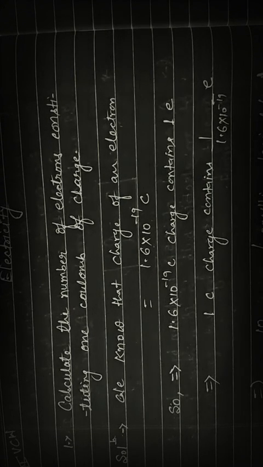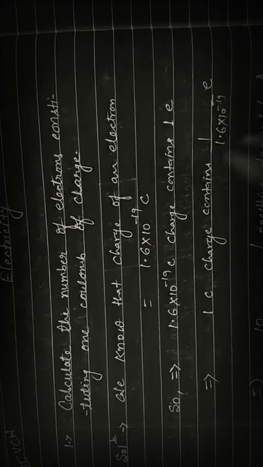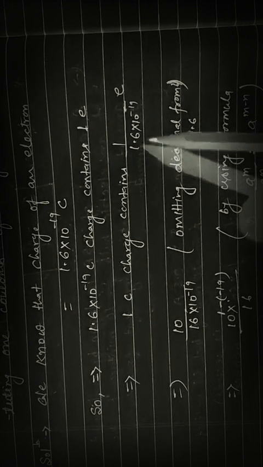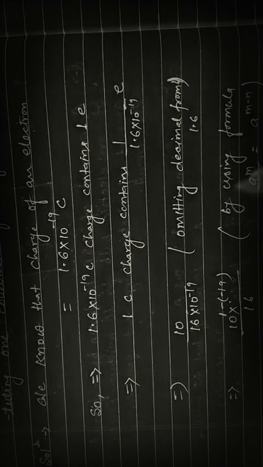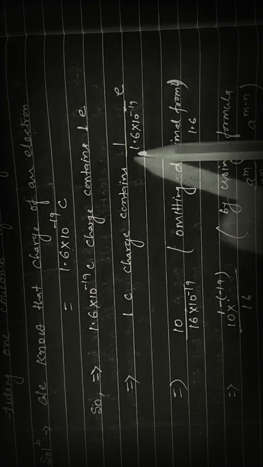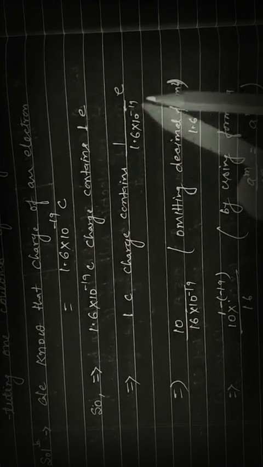Understood? Now there is a part of solving this. Taking into consideration all types of students who are a little bit weaker in mathematics, I am trying to derive this question step by step. Okay, see how we can solve this. It was 1 by 1.6 into 10 to the power minus 19.